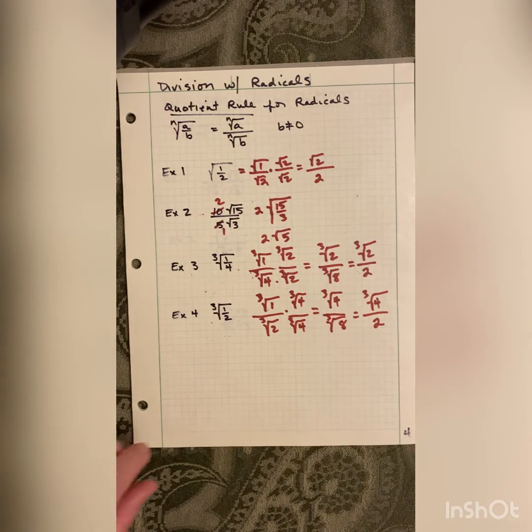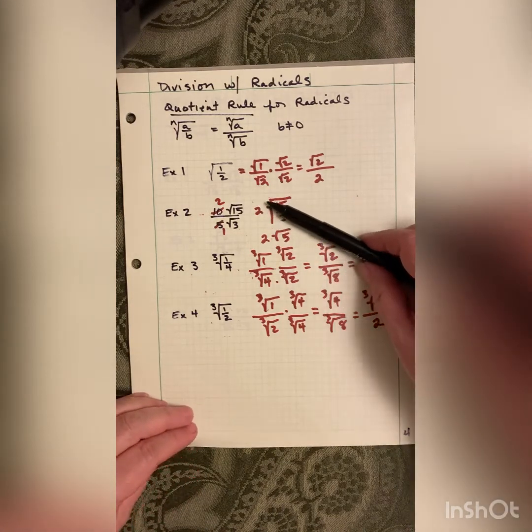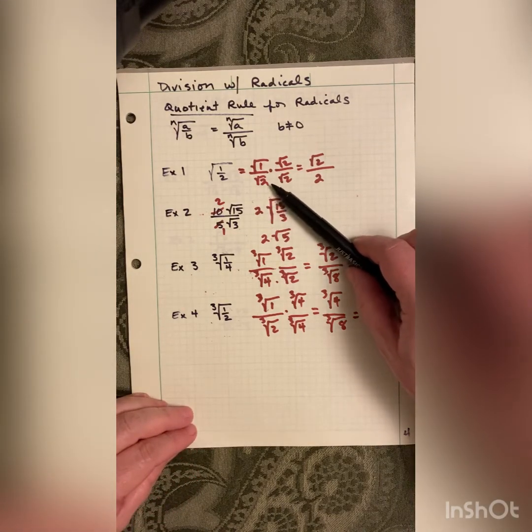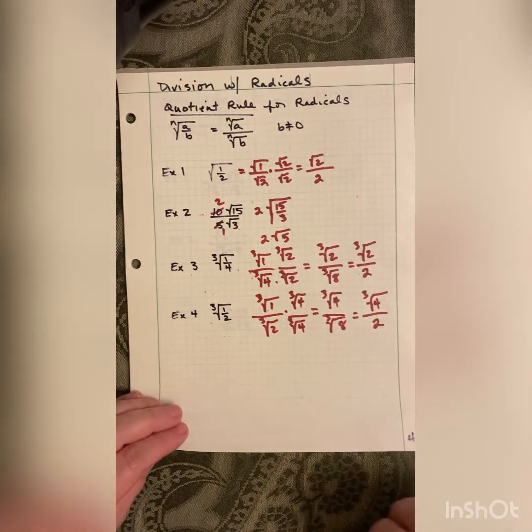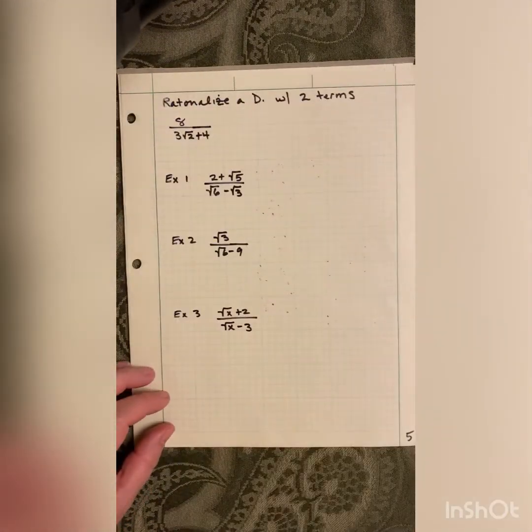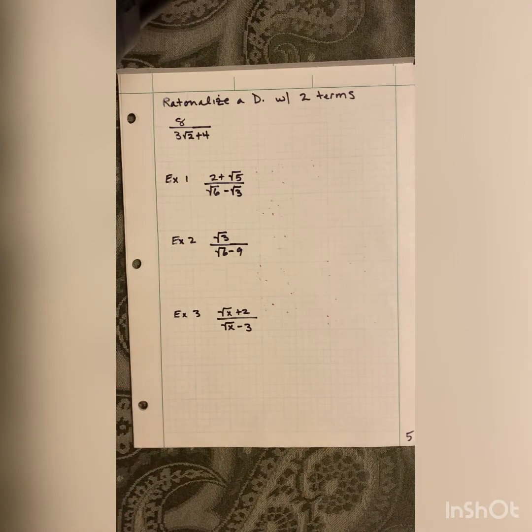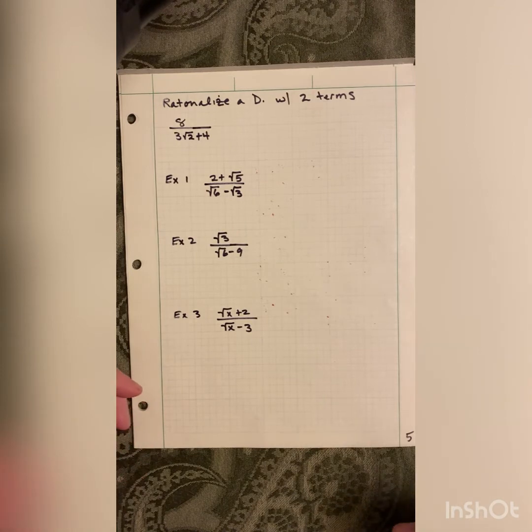Now in all of these cases, I had just a single term in the denominator. Well, over here, I have 2 terms in the denominator. So I need to clean this up, and when I clean it up, we call it rationalizing the denominator.